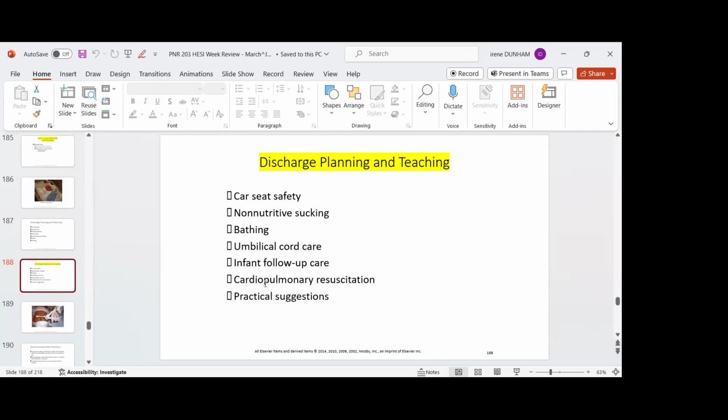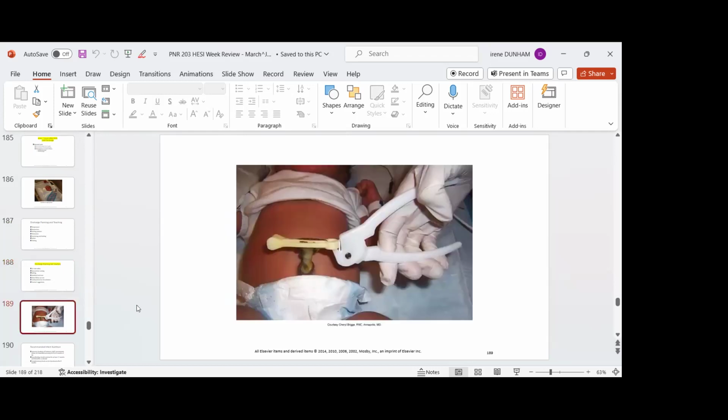Well, we do teach some cardiopulmonary resuscitation, babies choking. Remember, choking is one of the lifesaver reflexes. Okay. Here's a picture of us removing the cord clamp. Okay, there's the diaper, how the diaper is underneath the cord.